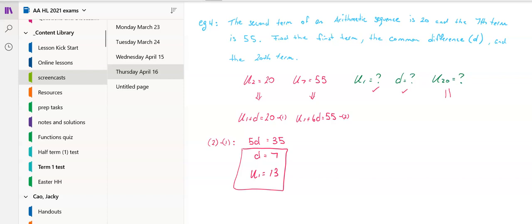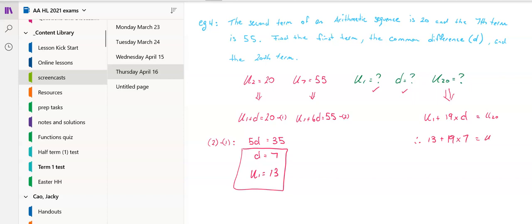Now I just need U20. Now U20 is U1 plus 19 times d. That's going to be equal to my U20. U1 I know is 13. d is equal to 7, so it's 13 plus 19 times 7.